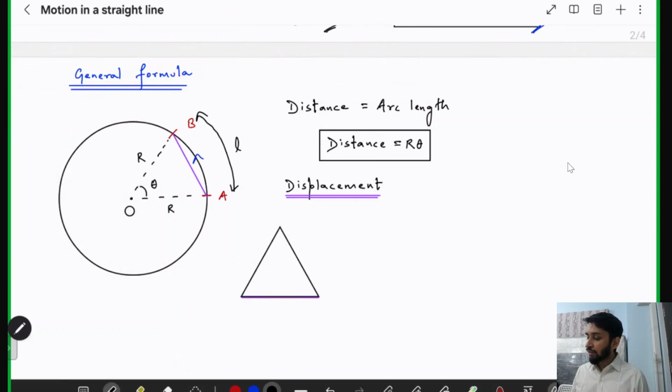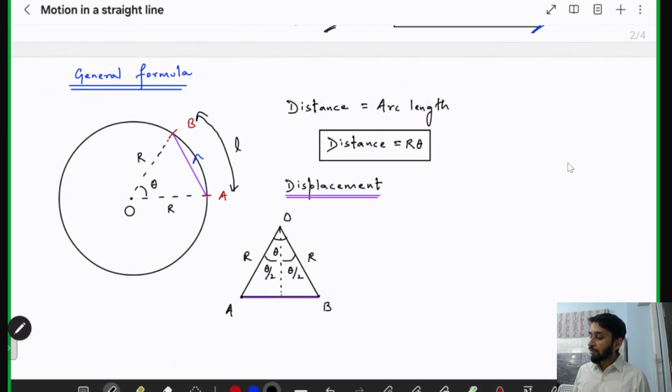This is O, this is A, and this is B. This is R, and this will also be R, and this angle is theta. From here, if I drop a perpendicular like this, this angle and this angle will be equal. This angle will be theta by 2, and this angle will also be theta by 2.